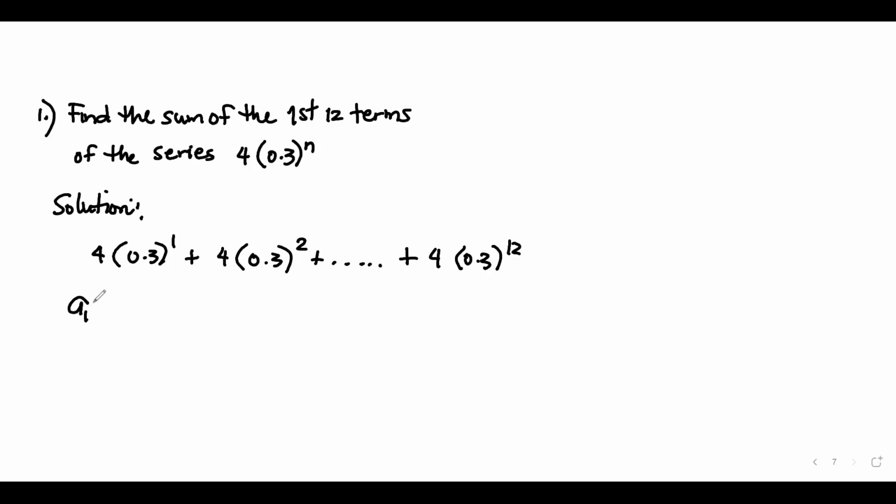To find the first term, let's simplify 4 multiplied by 0.3 raised to 1. So we will have 4 multiplied by 0.3, which is 1.2.